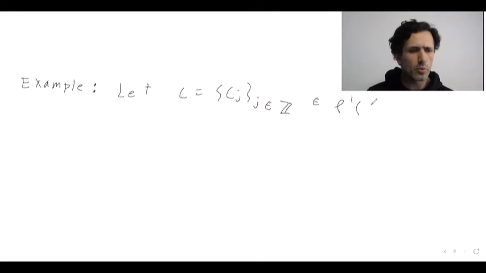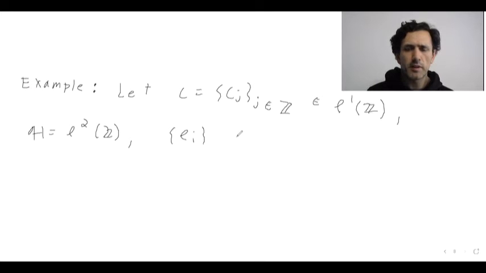I'll tie it into unitary operators and unitary equivalence. So let's say we have an L1 sequence. H is just little L2 of the integers, and this is just the standard orthonormal basis.